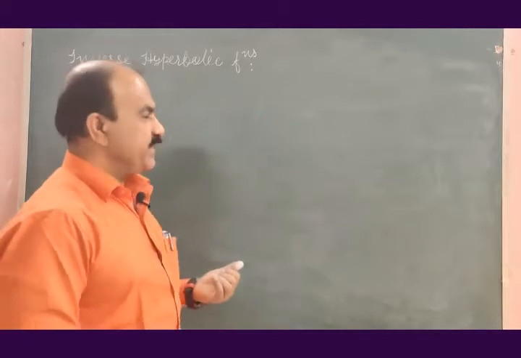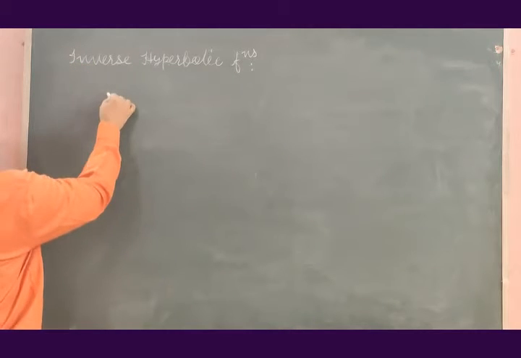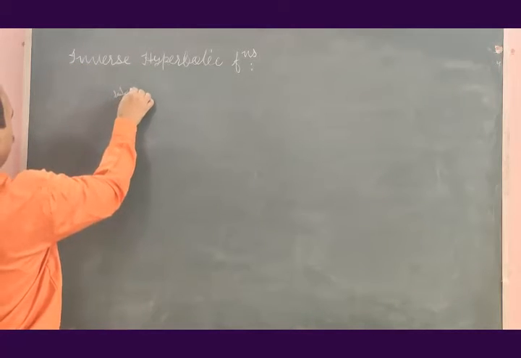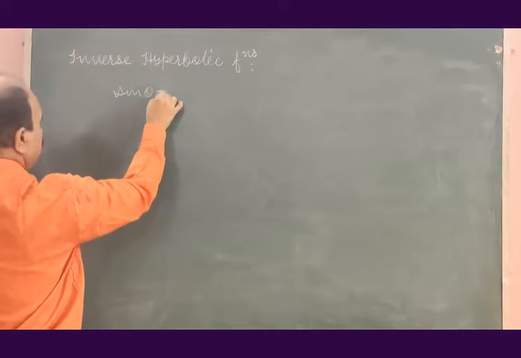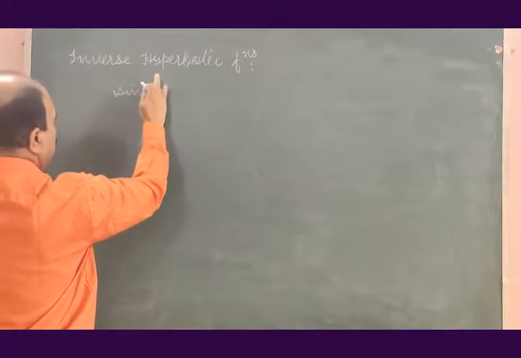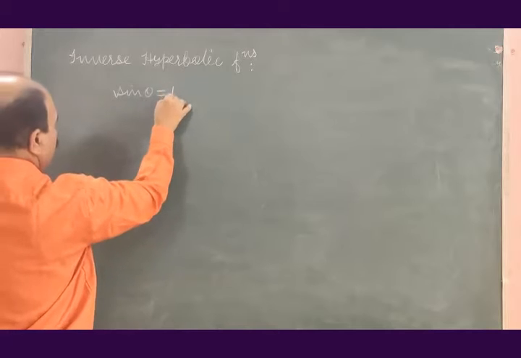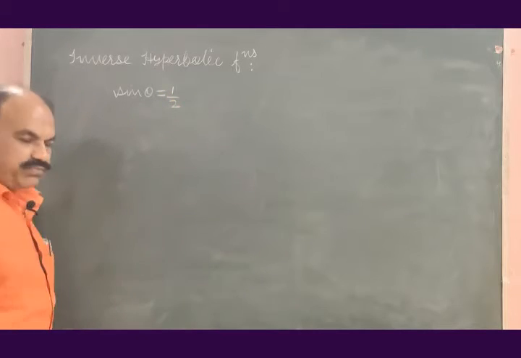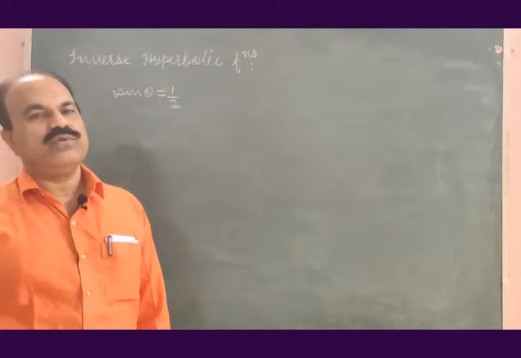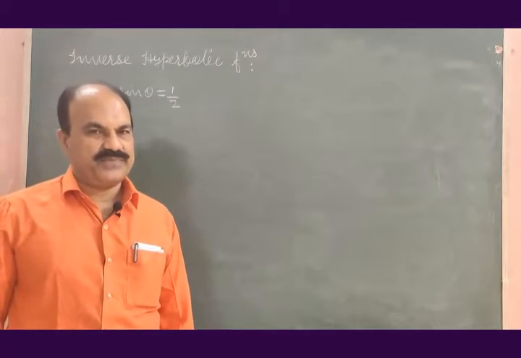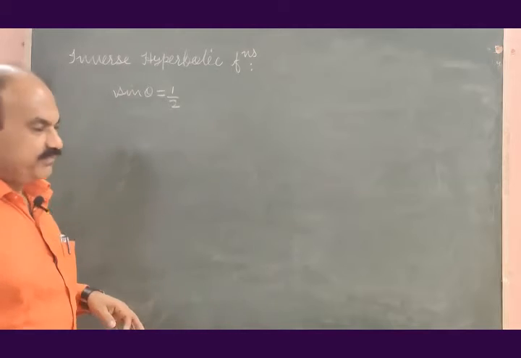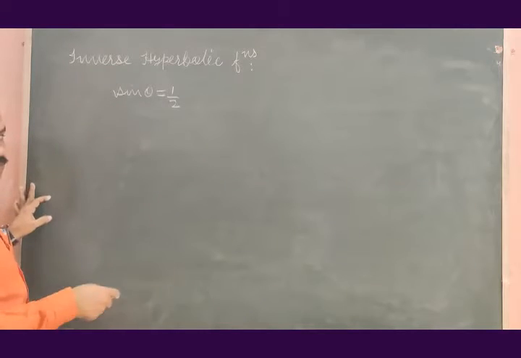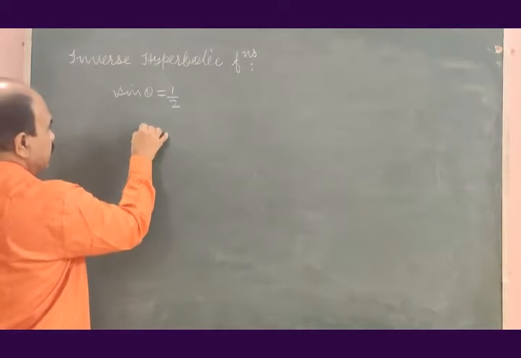Let us suppose that we have one equation, sin theta is equal to 1 by 2. We have one circular equation, sin theta is equal to 1 by 2. From this, what can we write?